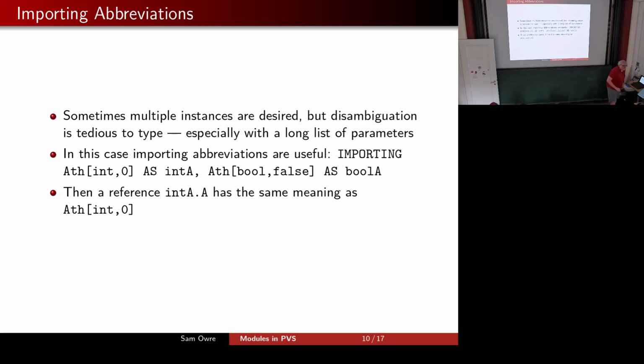Can you write A[int, 0].A? Can you write it with the brackets? If you wrote that, then zero isn't a type, so it would complain. Or no, take the whole module, right? A[int, 0].A. Oh yes, you can do that.